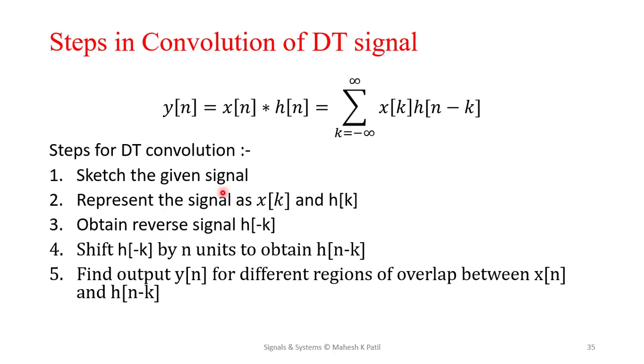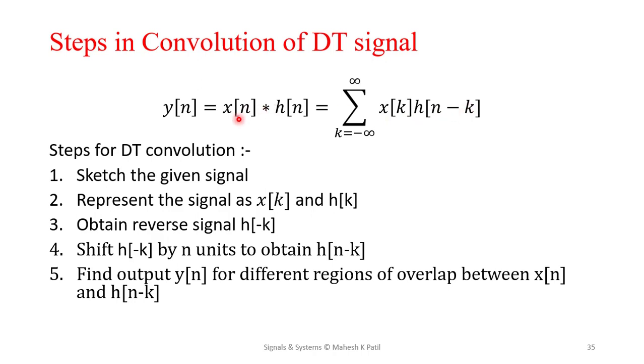Now the most important concept here is convolution. Convolution, as far as DT signals are considered, can be written as y of n equal to x of n convolved with h of n, where y of n is the output, x of n is the input, and h of n is the impulse response. This can be written as summation k varies from minus infinity to plus infinity x of k h of n minus k.